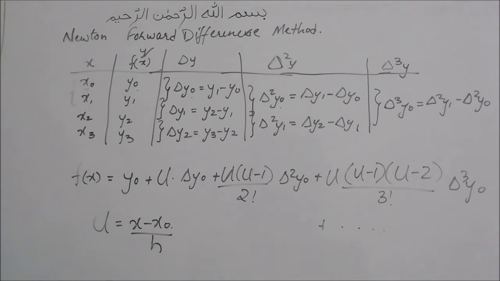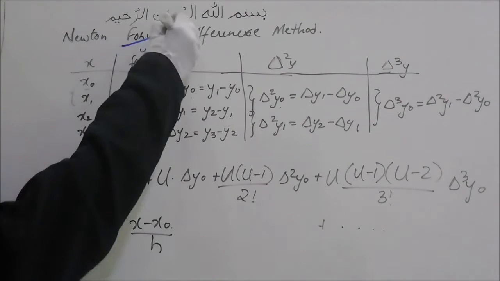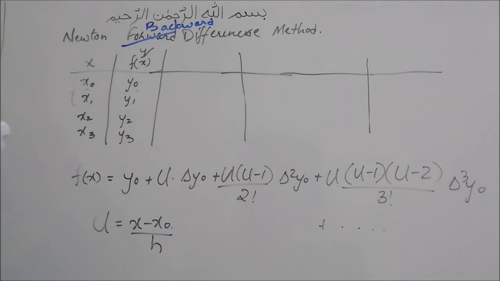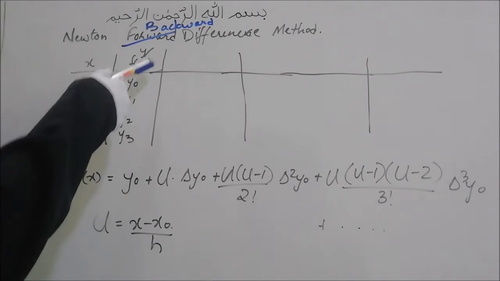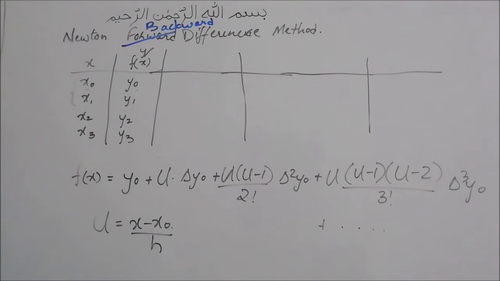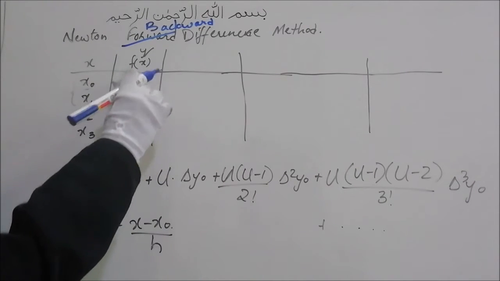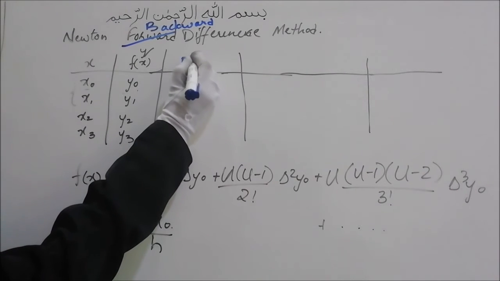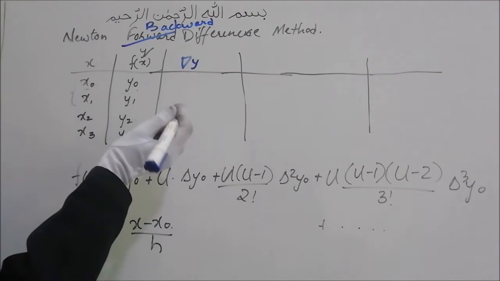Now for Newton's backward difference method, let's say again we have the same values of x, x0, x1, x2 and x3, and the corresponding values of f of x or y, which is y0, y1, y2 and y3. So for the Newton backward difference method, again we are going to take the difference between them as we did in the forward difference method, but I'm going to write this as nabla y or del y.